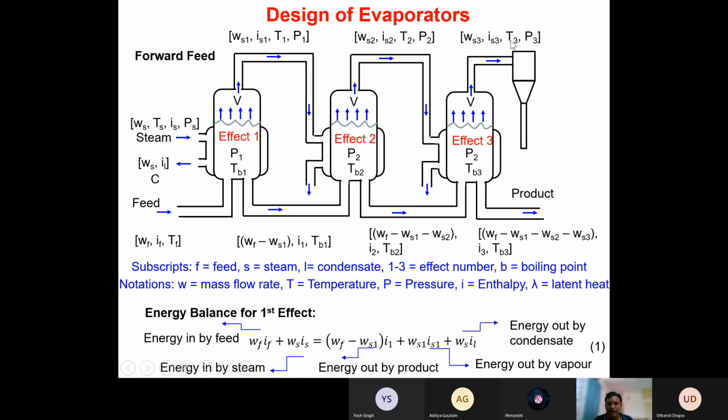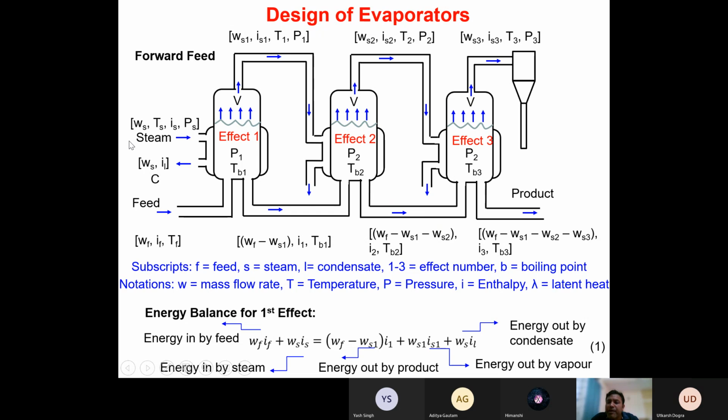TS minus T3, isn't it? TS minus T3 or TB3 is the total temperature difference. I am saying TB3 and T3 both are the same if I'm using the dilute solution. If I'm using the concentrated solution, in that case this TB3 will be higher than T3. Okay, so the total temperature difference is going to be TS minus TB3. That is what the total temperature difference is, isn't it?